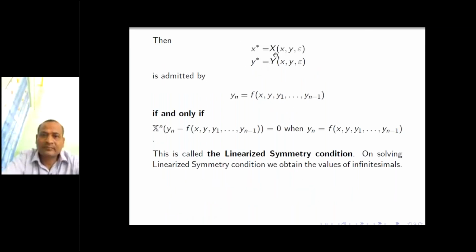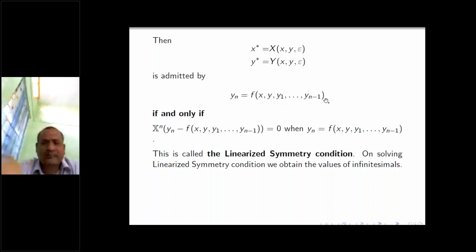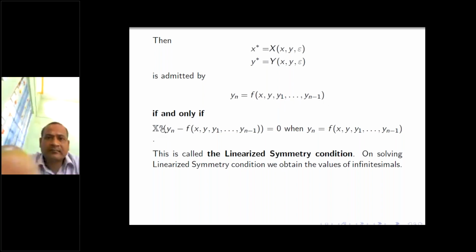Then x* = X(x,y,ε), y* = Y(x,y,ε) is admitted by the differential equation, written in solved form as yn = f(x,y,y1,...,yn−1), if and only if X^(n), this operator, when it operates on the differential equation yn − f(x,y,y1,...,yn−1) is equal to 0, when yn = f(x,y,y1,...,yn−1). This is called the linearized symmetry condition.